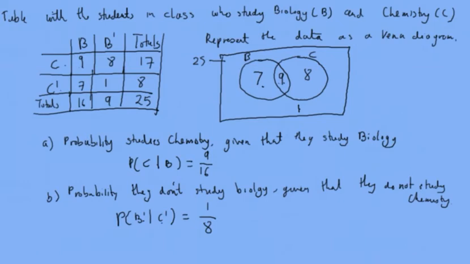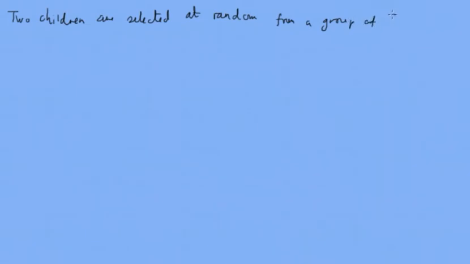Let's do one more example. 2 children are selected at random from a group of 5 boys and 7 girls.